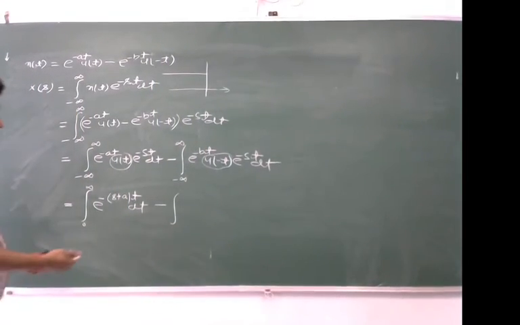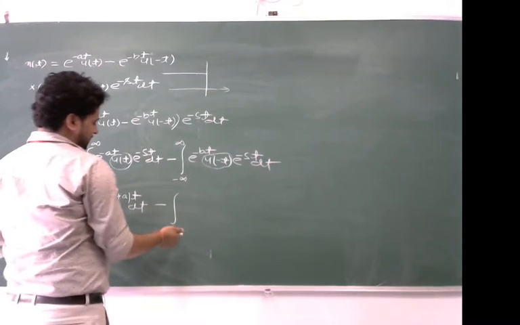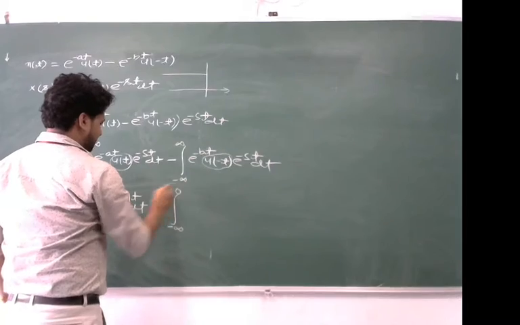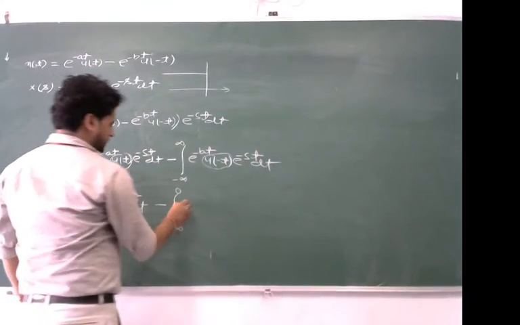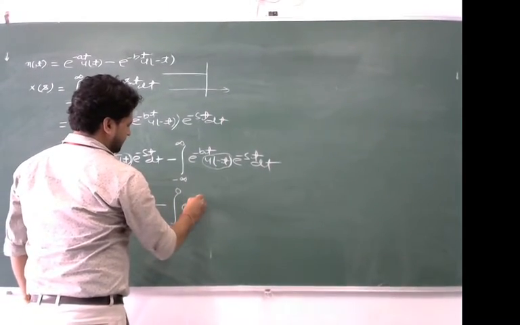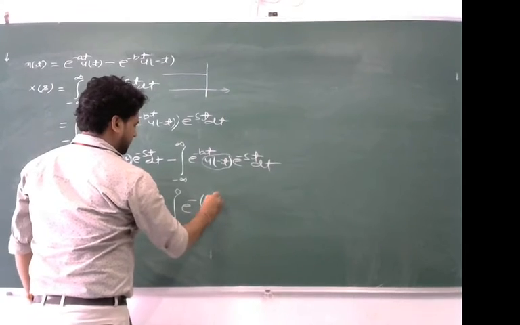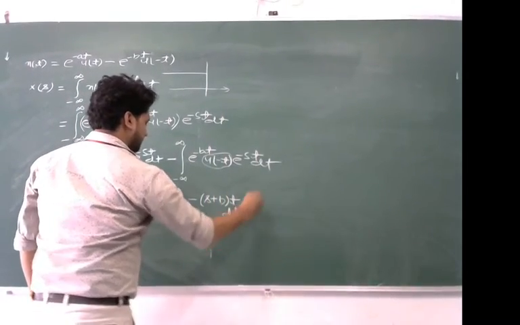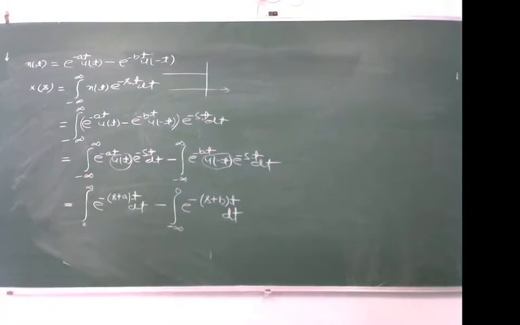So in this integration, in this limit, I will consider only negative values of t, from minus infinity to 0, and this will become e power minus of (s plus b) into minus t dt.